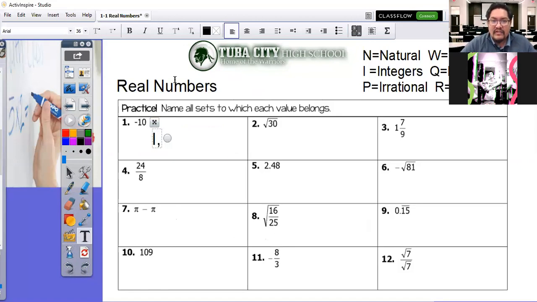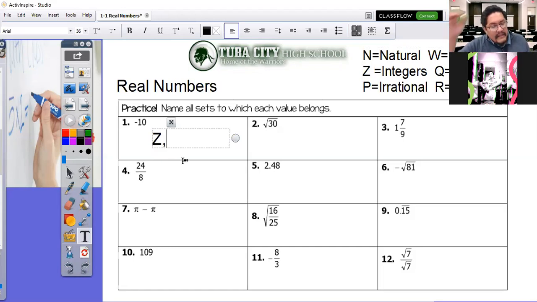And if we look at our chart, I think I made a mistake here, because integers should be Z. It's a bit confusing, but yes, Z is for integers.